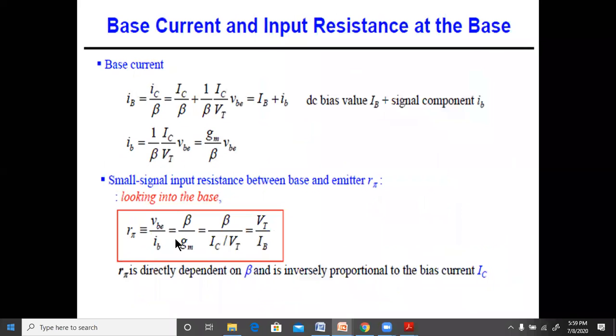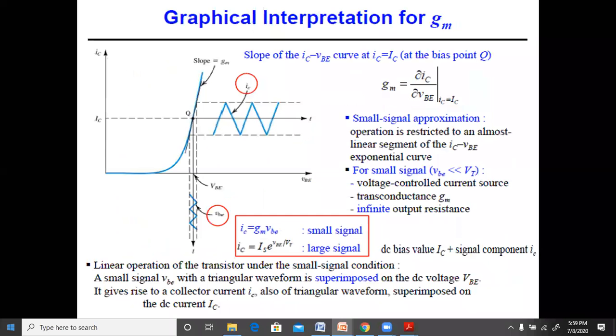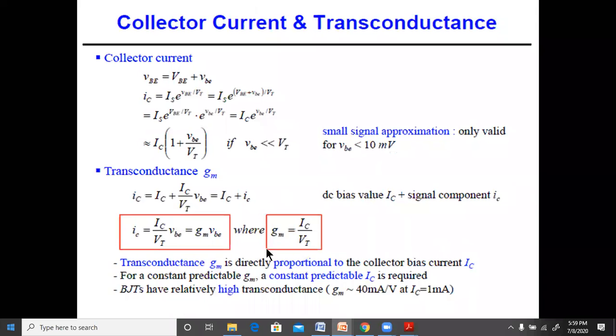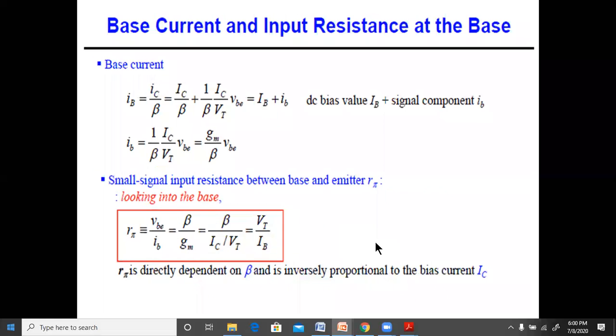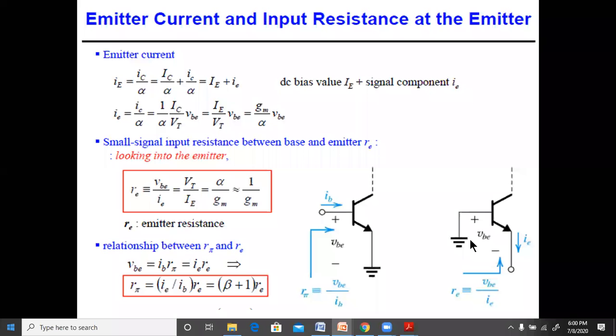This is the standard formula which we should remember. GM is equal to IC by VT, and R pi is equal to beta by GM. These two formulas we should remember.